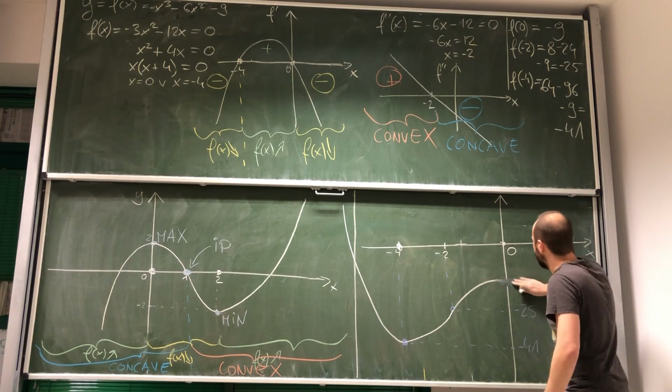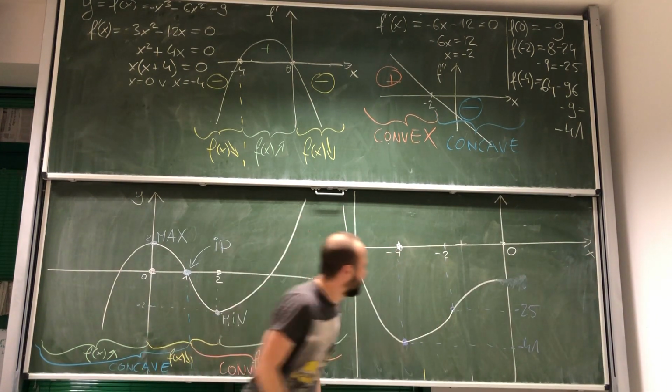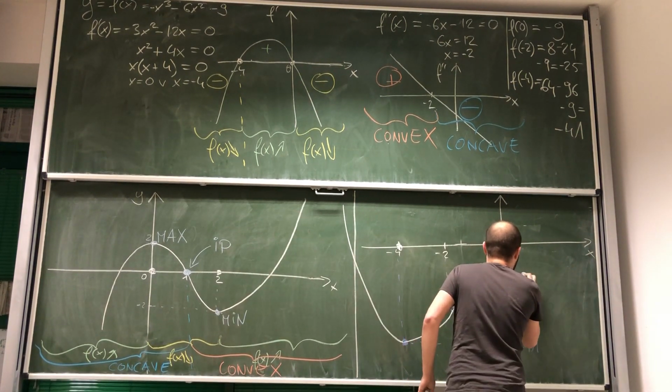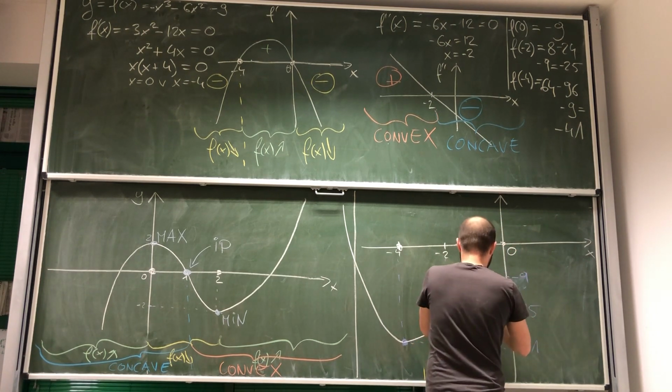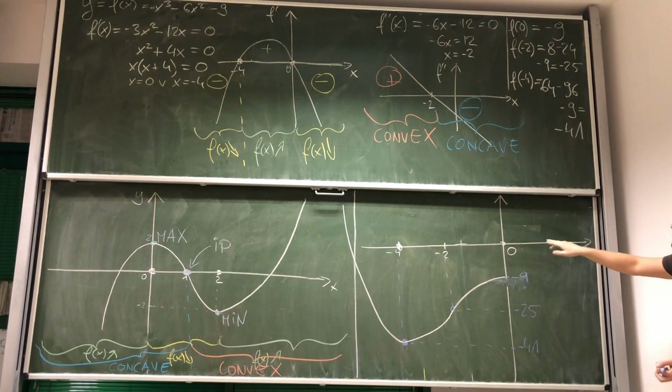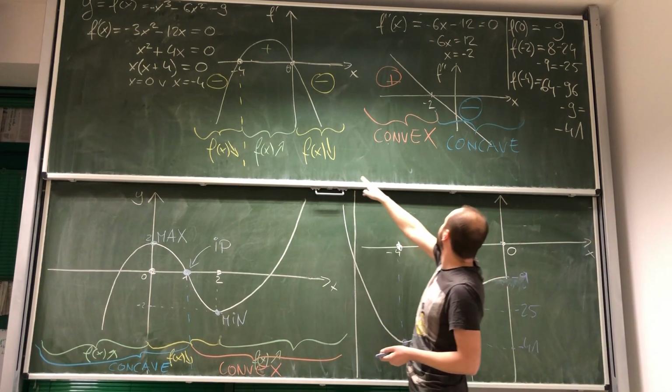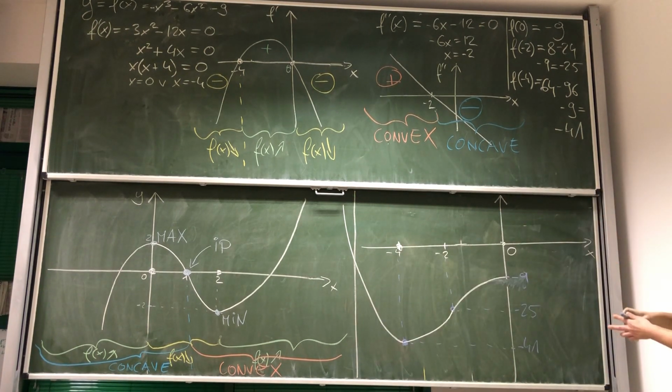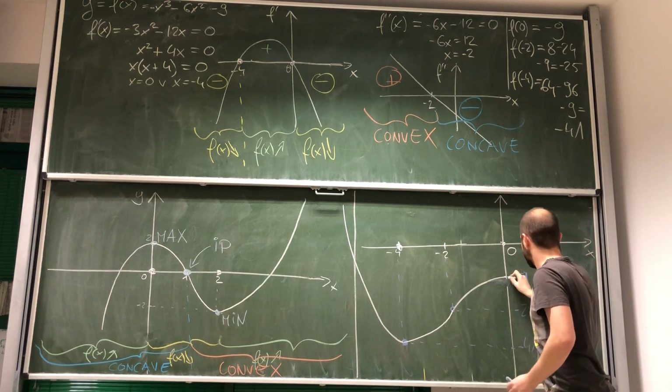Let me put this minus 9 over here. It's gonna look better now. Okay. And then the function starts to decrease from 0 in a concave manner, like this.